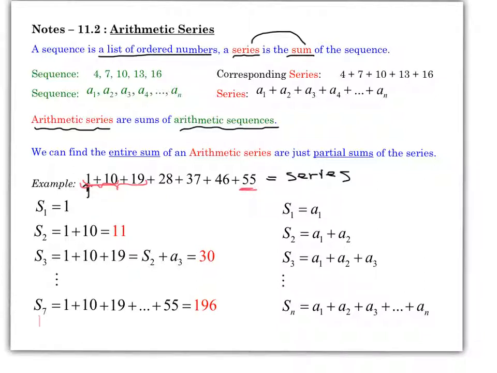We say right here that this would be the seventh partial sum. That is how we would refer to it. And notice the capital S represents the sum, as opposed to the lowercase a, which is when you're just talking about what place you are in line in that list.